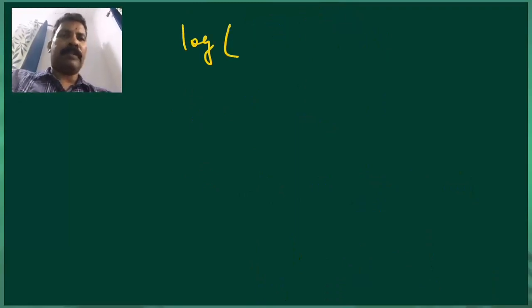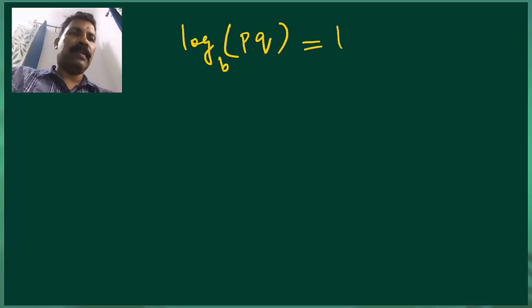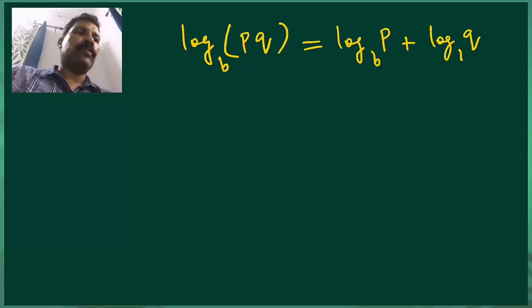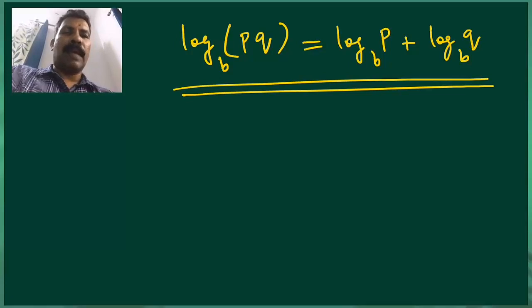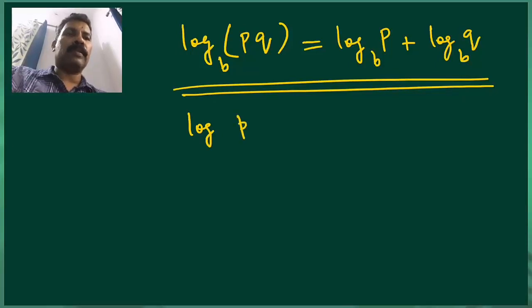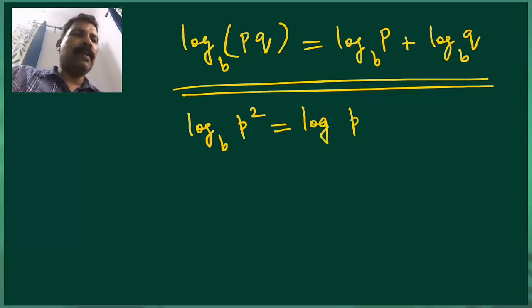The logarithm of a product, say pq, to the base b, can be written as the logarithm of p to the base b plus the logarithm of q to the base b. This formula is helpful sometimes in solving problems. Again, we can have the logarithm of p square to the base b. That is the logarithm of p into p to the base b.